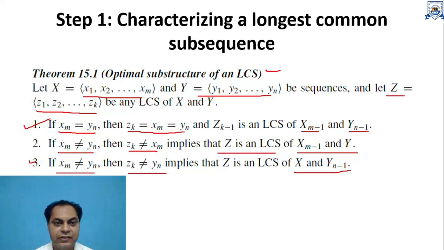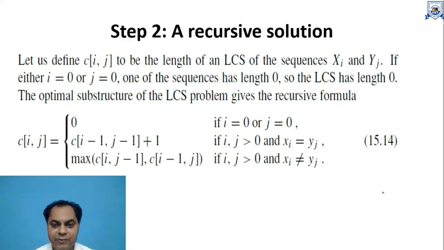So now come to step 2. In step 2, let's make one more assumption. Let Cij denote the length of the LCS of sequences Xi and Yj. Xi is the prefix of sequence X up to length i, and Yj is the prefix of Y up to length j.